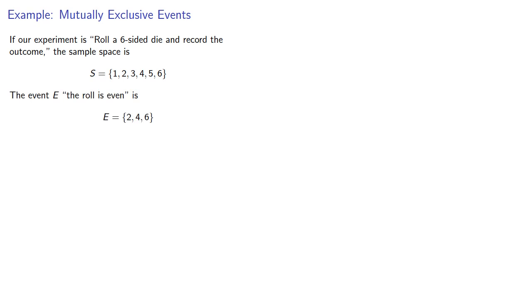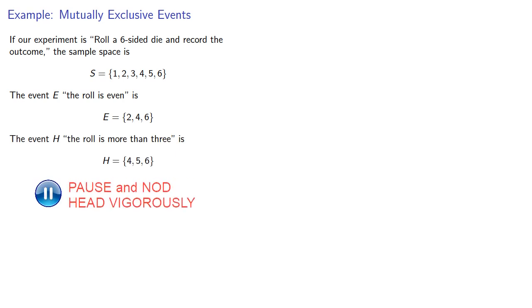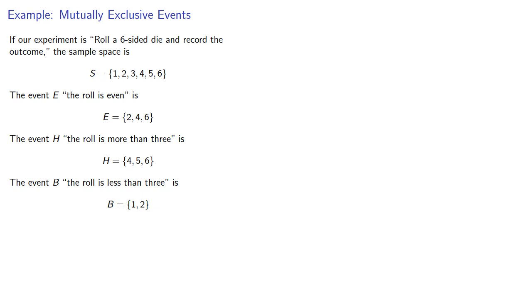We could also have the event H, the roll is more than 3, and those consist of those outcomes. And the event B, the roll is less than 3, which consists of these outcomes. And notice that the events H and B have no outcomes in common, and so we say the events H and B are mutually exclusive.